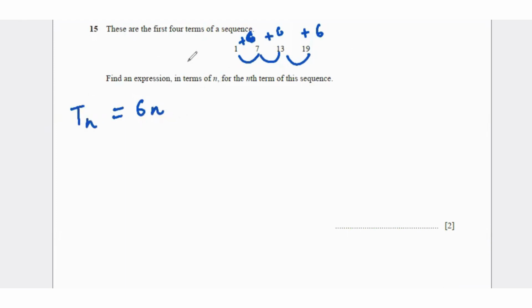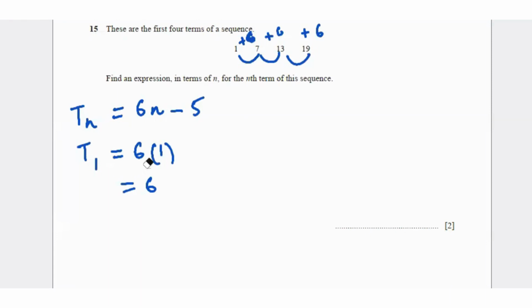And let's assume that the nth term is 6n. So we try to find the first term, t1. We substitute n with 1. So 6 times 1 is 6. Now the first term in the sequence is 1, but over here we have 6, which means in order to turn 6 into 1, we need to subtract 5 from 6.